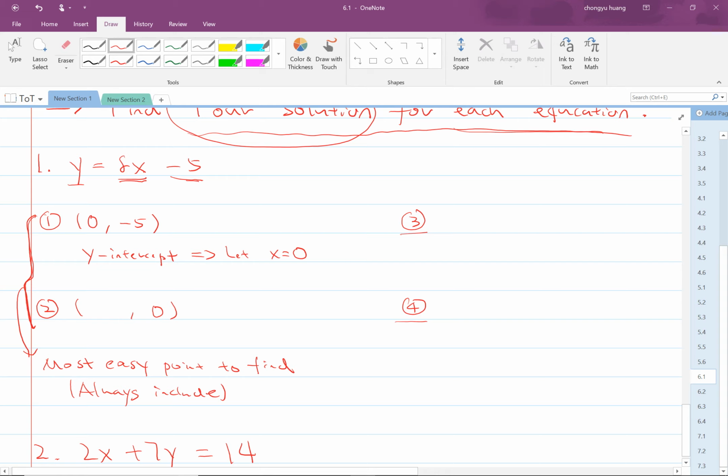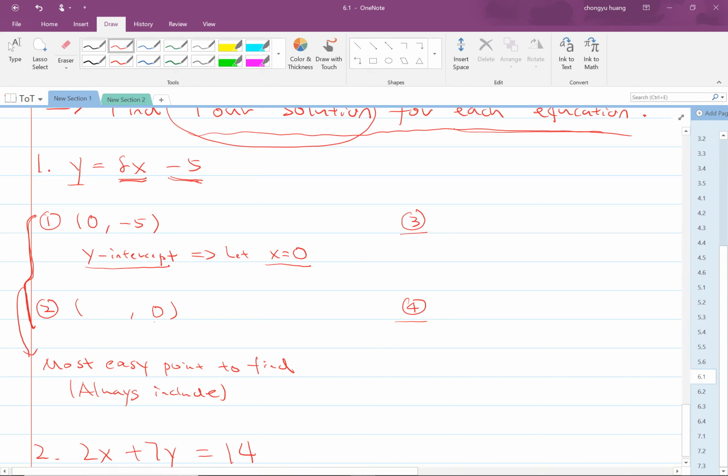We talked about this before, everyone remember it, right? As you can see, if you let x equal to 0, the only thing left is -5. y equals -5, and you can see this point right away.